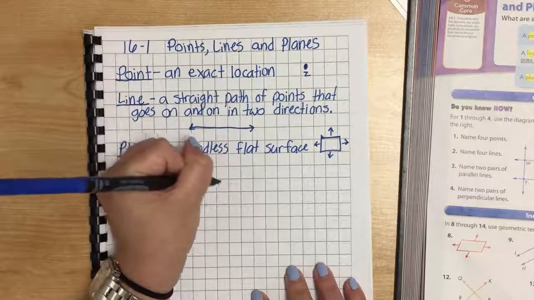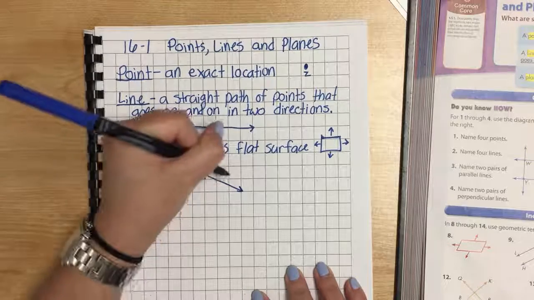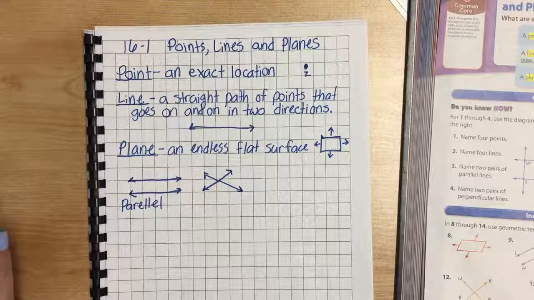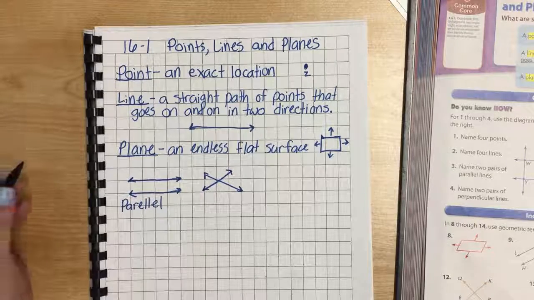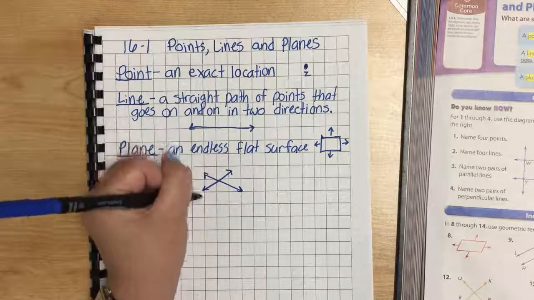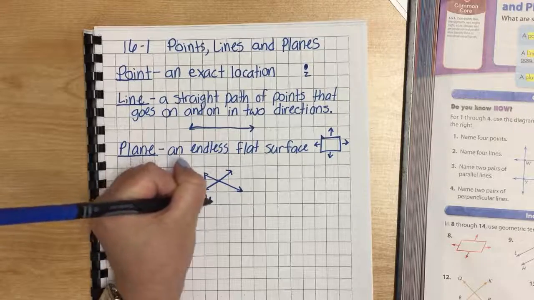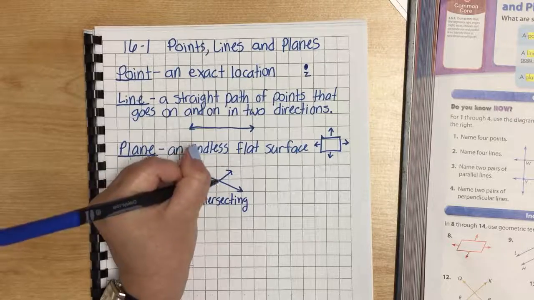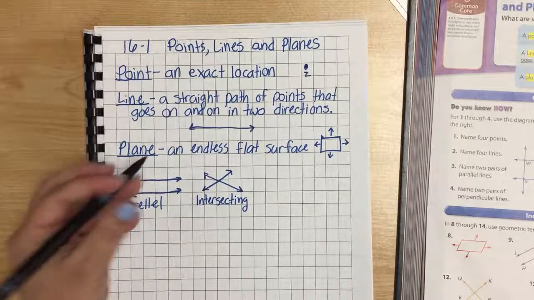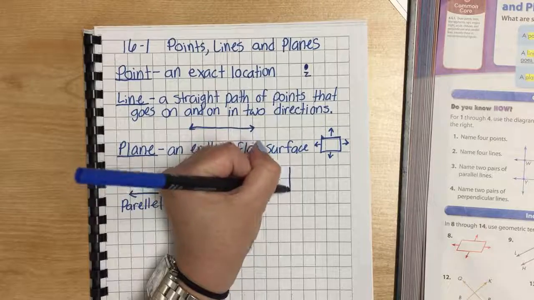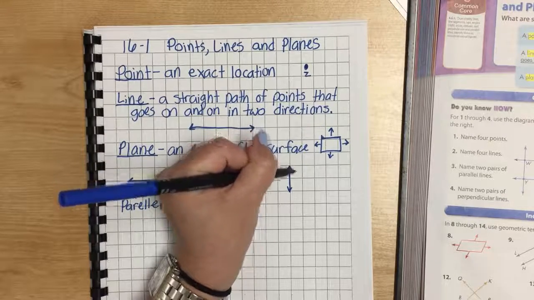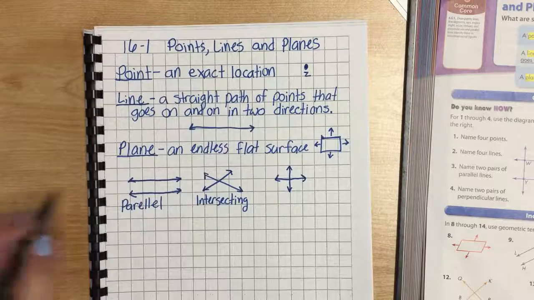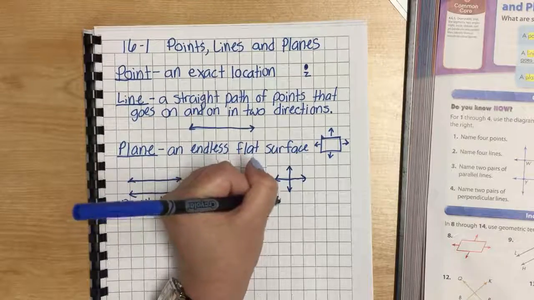Okay, what kind of lines are these? These are intersecting lines. They pass through, and they share one point. And then the last kind, these are perpendicular.